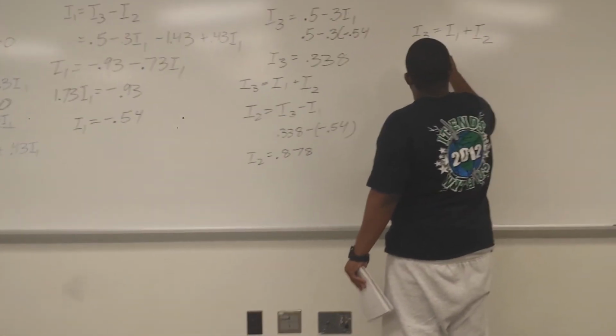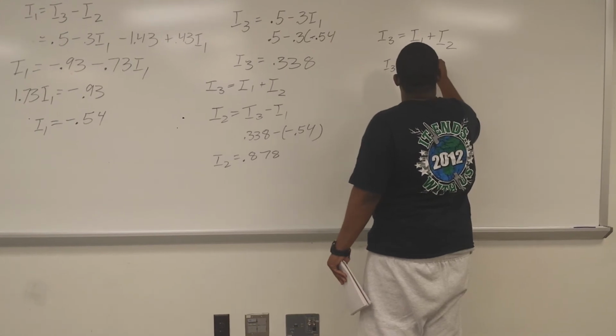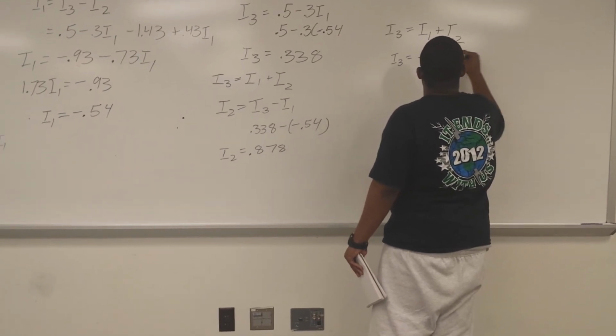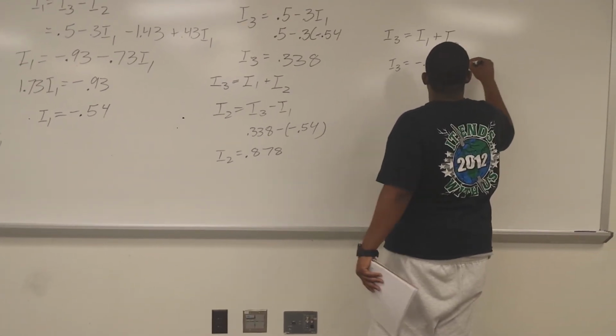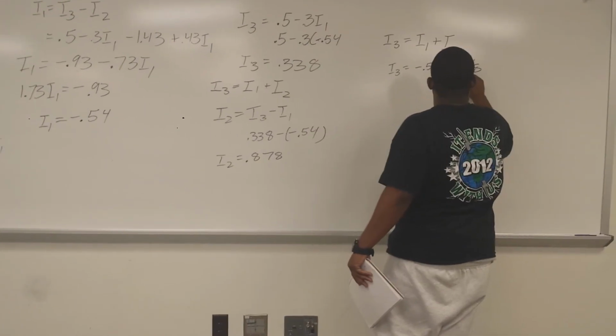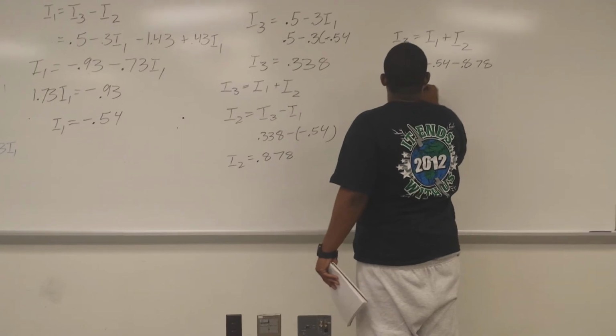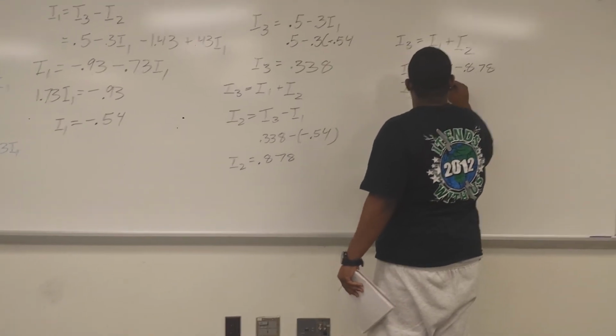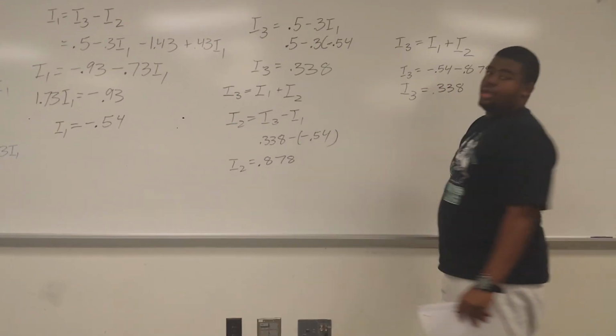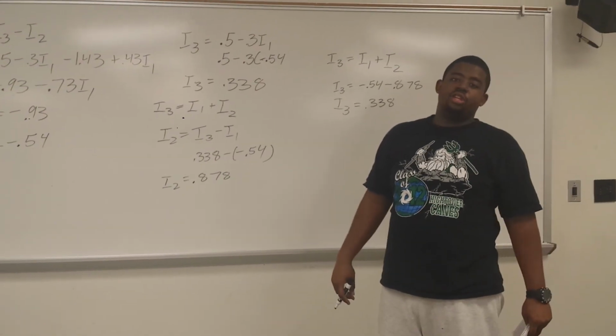So I3 is equal to negative 0.54 plus 0.878. I3 is equal to 0.338. And that is multi-loop circuits.